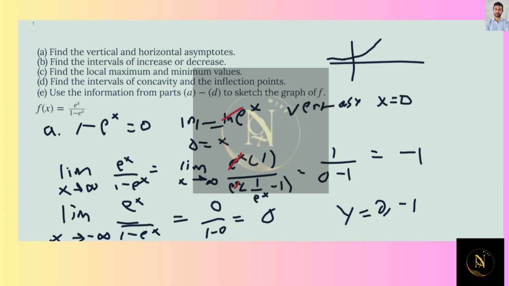Now, to find where the function is increasing or decreasing, we apply the first derivative test. We find the first derivative, so you apply the quotient rule, and you get e to the x over (1 minus e to the x) squared. And we set this equal to 0.